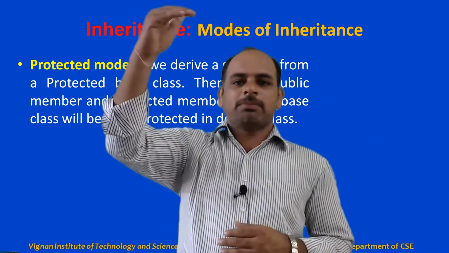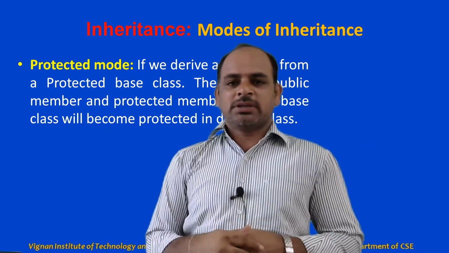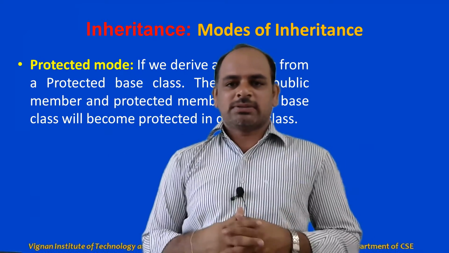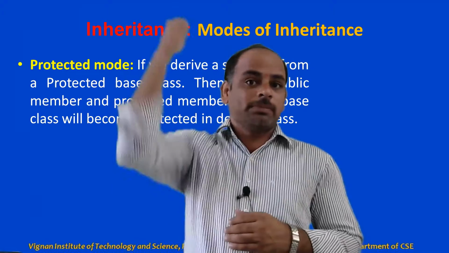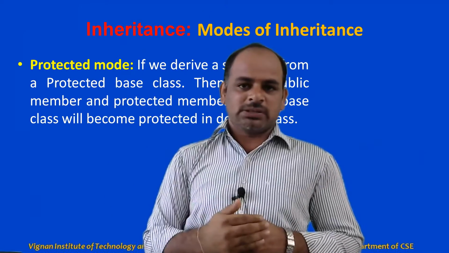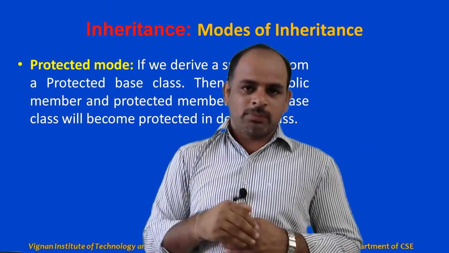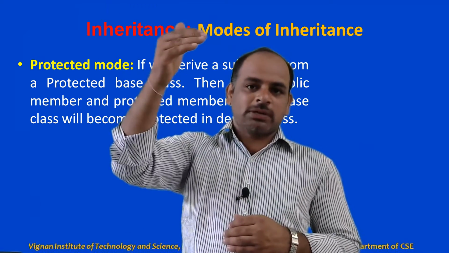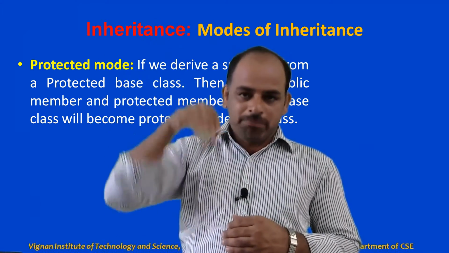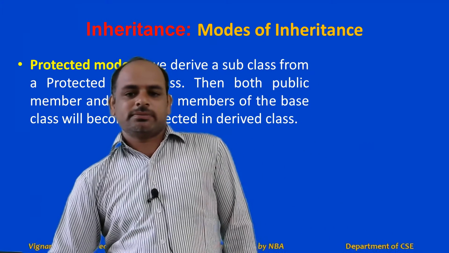So all the public and protected members of the base class become protected members of the derived class. In public mode, public members become public and protected members become protected. Whereas in protected mode, public and protected members of the base class become the protected members of the derived class.